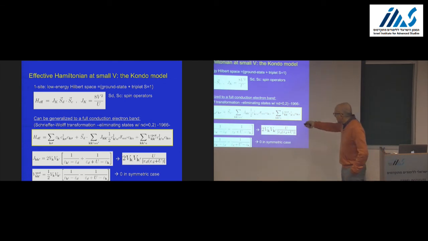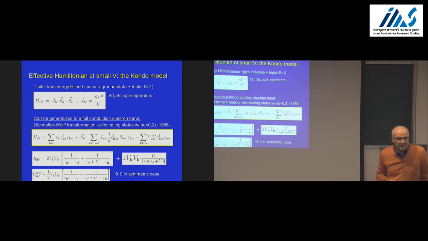Okay? And this J_K here can be worked out, and it's essentially something of order V squared over U, which you can easily guess from the single site solution that I showed you before, because that's the typical energy that splits the singlet from the triplet. Okay, so forget this term, which is potential scattering. I don't want to discuss this.